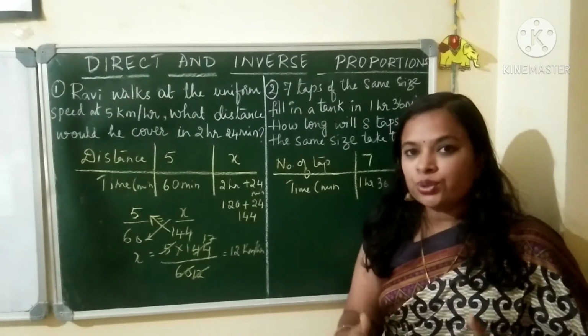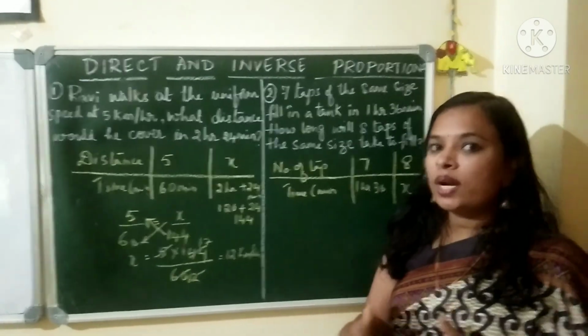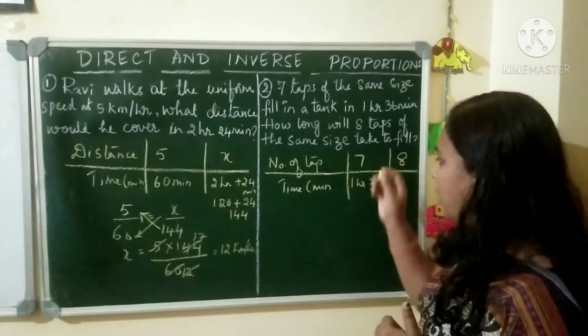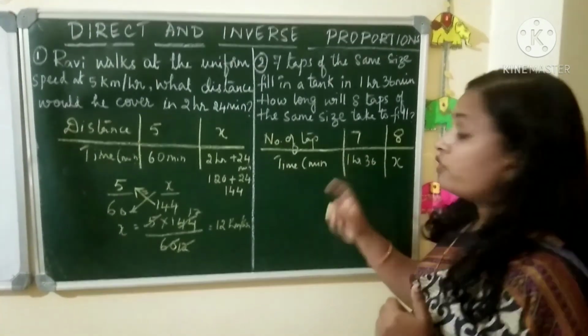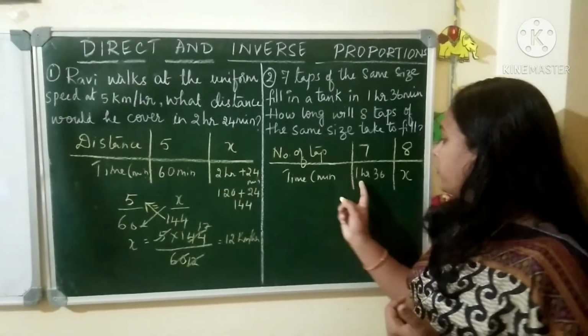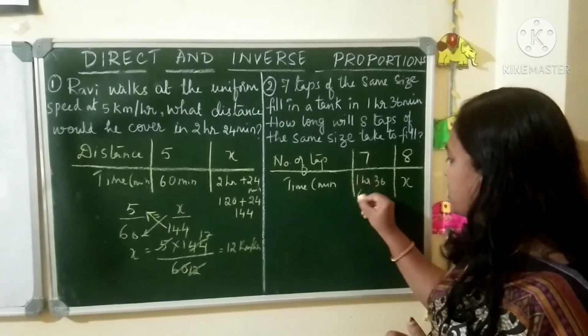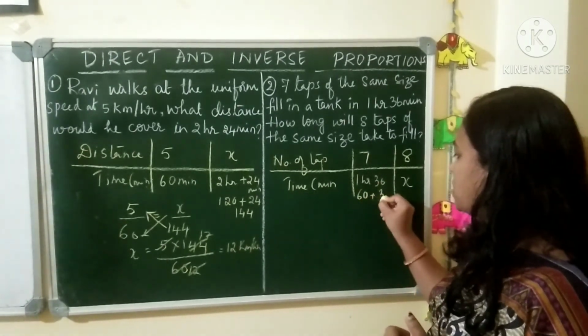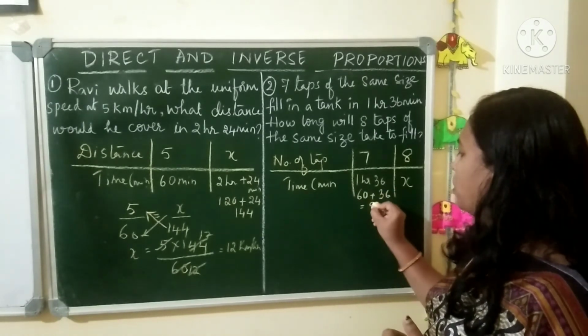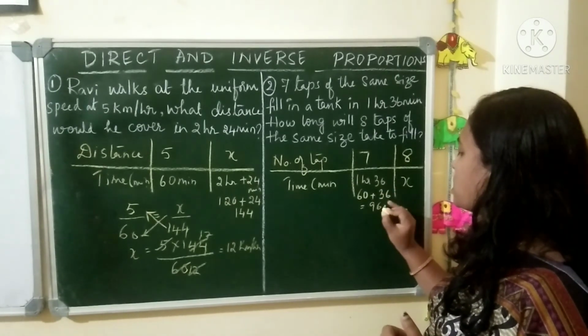So what you need to do? You have to multiply the quantities. So we will just multiply the quantities. So that will be before multiplying the quantity. We will just convert this hour also into minutes. 1 hour here it is 60 plus 36. This 36 minutes, that is equal to 96 minutes it is. Okay.